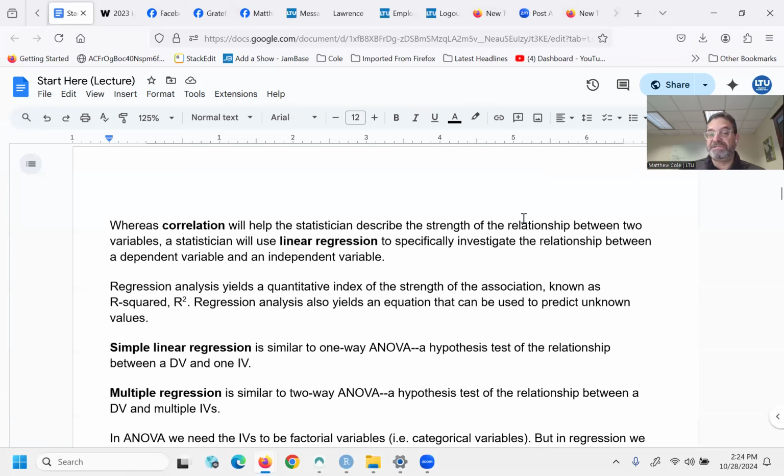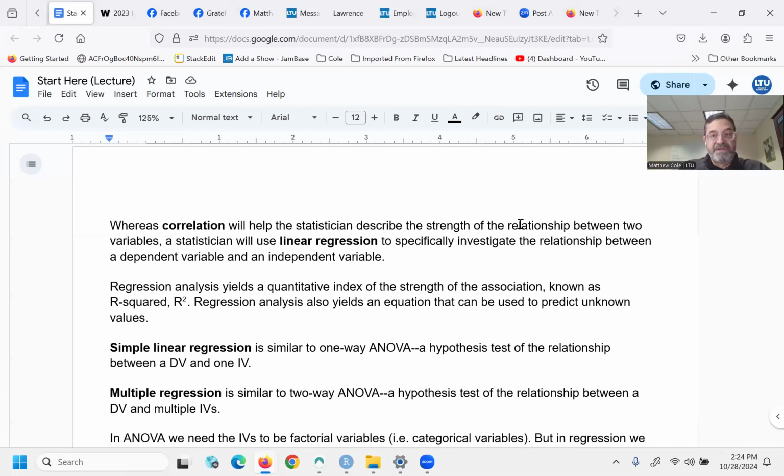In correlation, we're not necessarily concerned that variable A is the independent variable and variable B is the dependent variable. In fact, we might not know, or we may not care about independent and dependent variables, or predictors and outcomes. We just want to start describing the relationships between pairs of variables. That's what correlation is for.